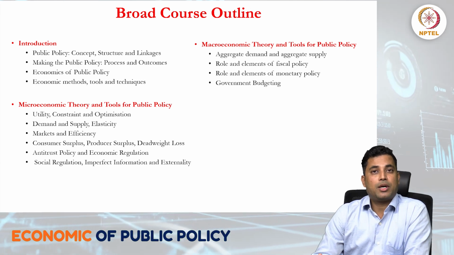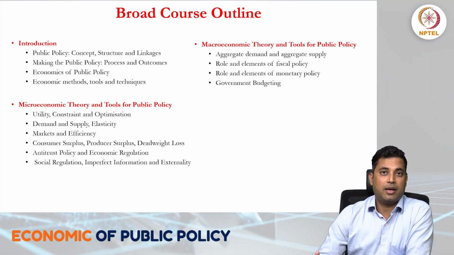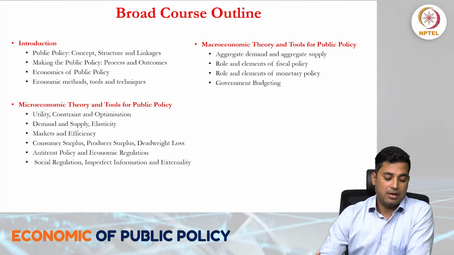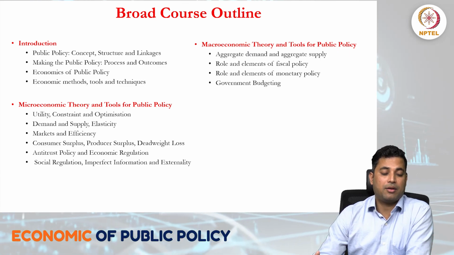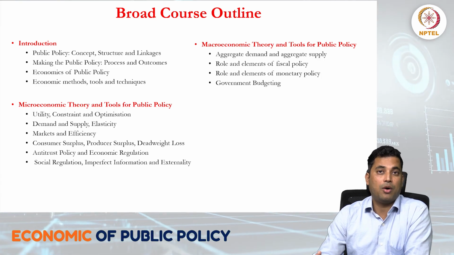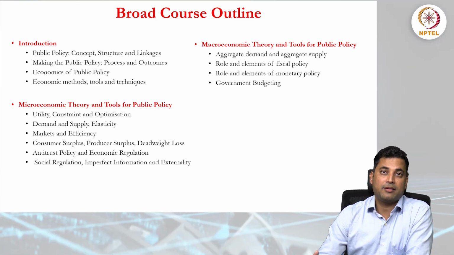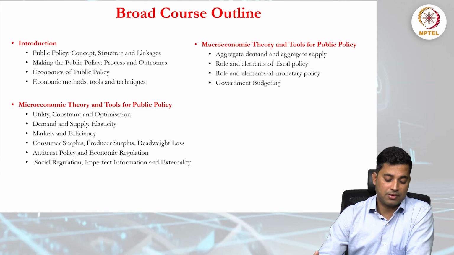Next, we'll move to the concept of market, because demand and supply interact with each other in the market, and there we'll try to understand the efficiency and how efficiently resources can be allocated in various market structures.